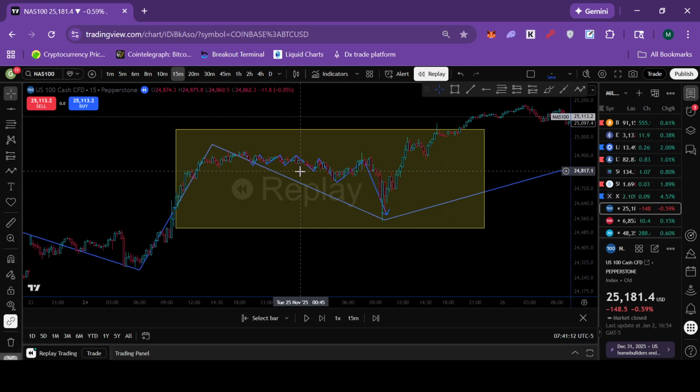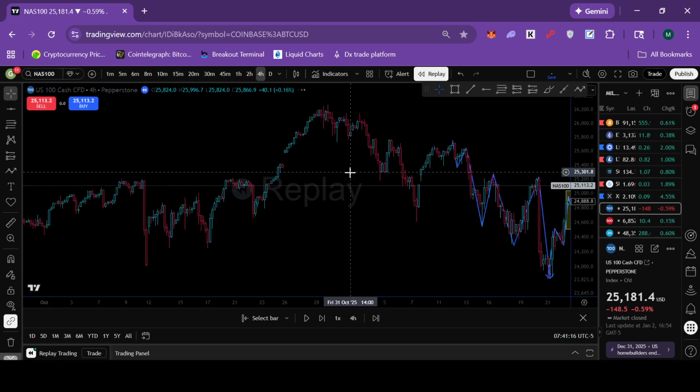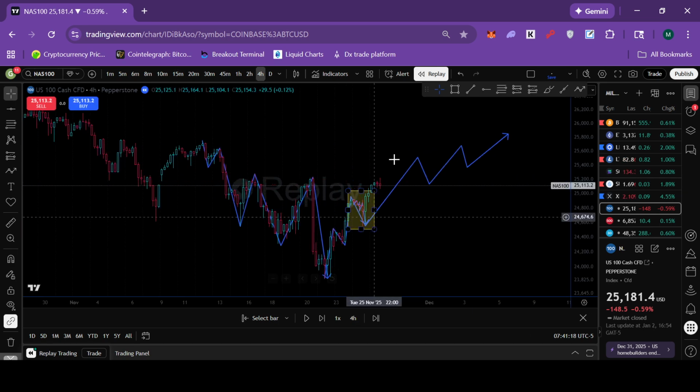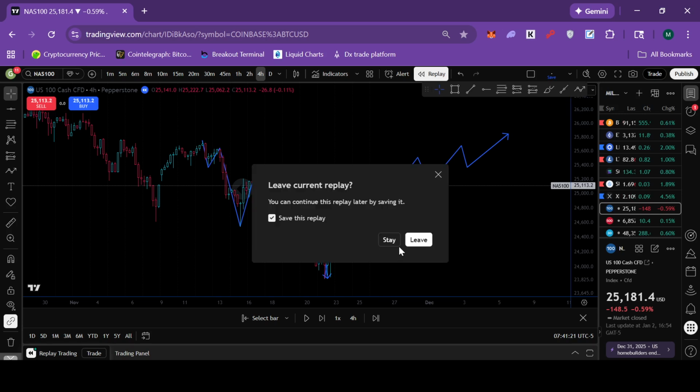So on a lower time frame, we're seeing this as a downtrend, but on a higher time frame, we're just seeing this as a pullback to lead up higher, right?